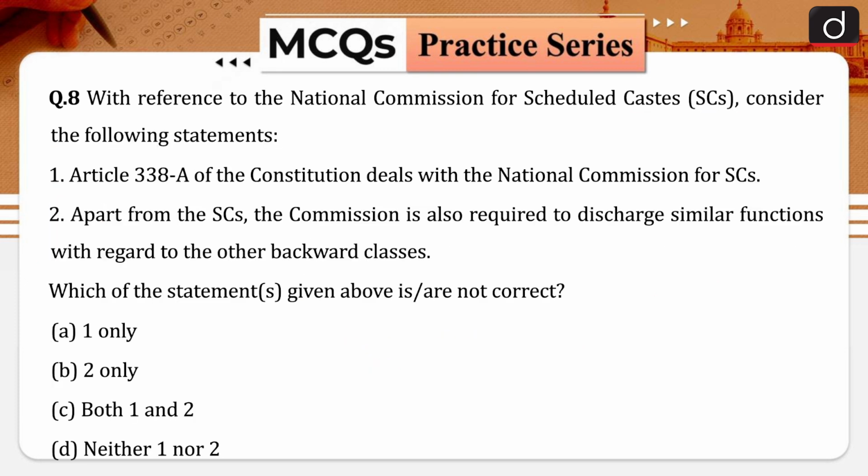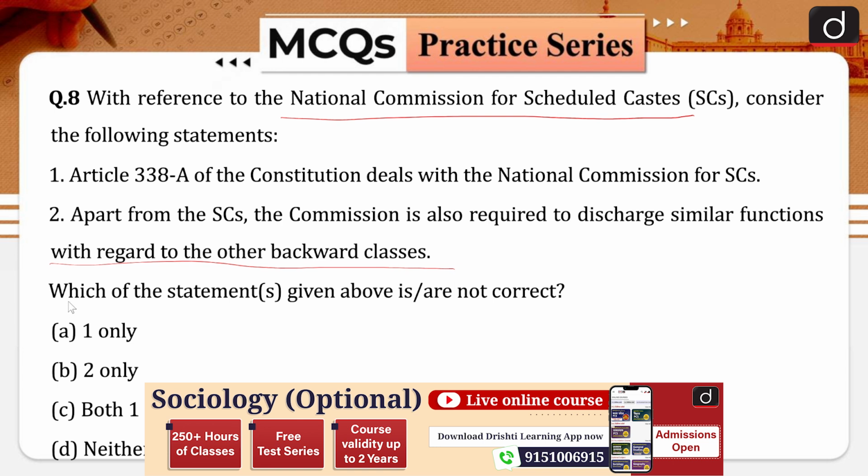So the question is, with reference to the National Commission for Scheduled Castes, or the NCSC, consider the following statements. Statement 1: Article 338-A of the Indian Constitution deals with the National Commission for SCs. Statement 2: Apart from the SCs, the Commission is also required to discharge similar functions with regard to the other backward classes.